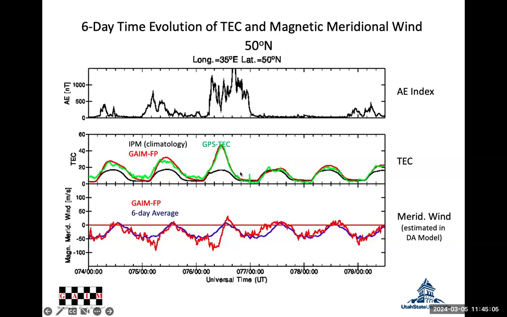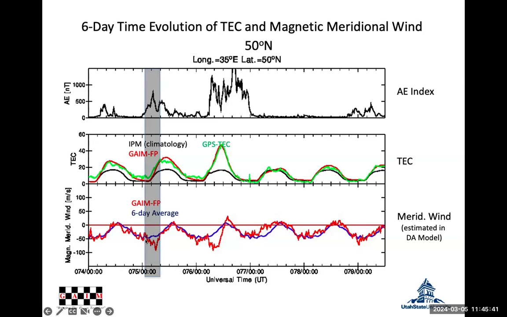But this is TEC. What I want to focus on is that we get additional information out of this. We get information about the meridional neutral wind, and we can start to understand what's driving these changes in the total electron content. For example, in this period we had an enhanced auroral electrojet index, indicating enhanced energy input into the high latitude ionosphere, and that drove a southward meridional wind.